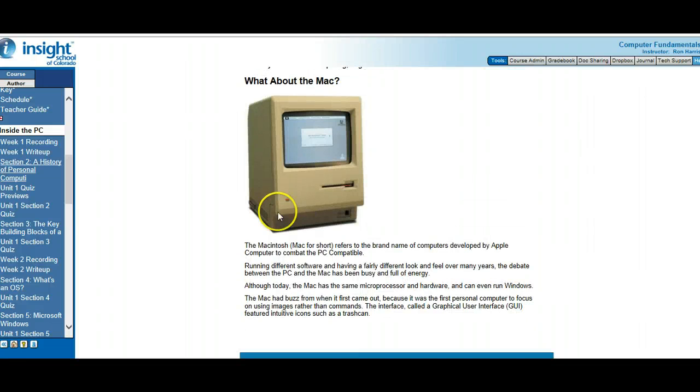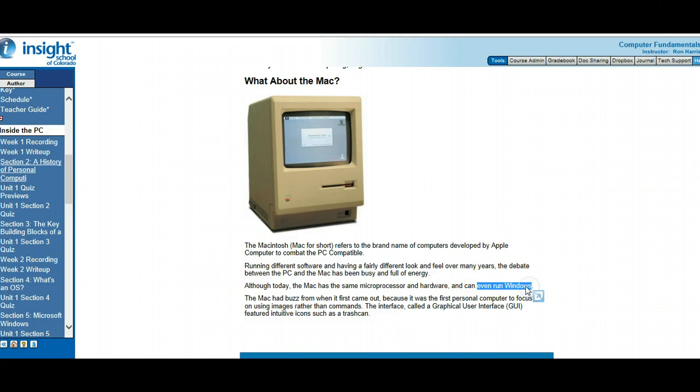Now about the Mac, of course, Macintosh or Mac computers came out, and they ran different software, with a different look and different feel from the PC computers. You can see how much different this is from PCs, and of course it had a keyboard that would plug in. So much different from the PC computers. And a lot of the hardware and software are different.